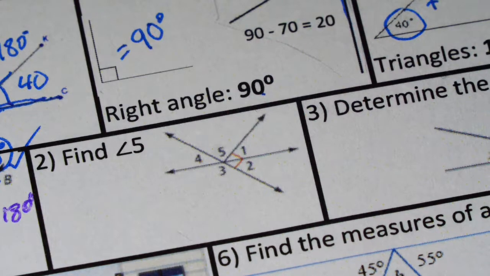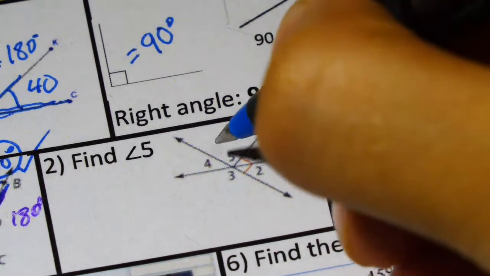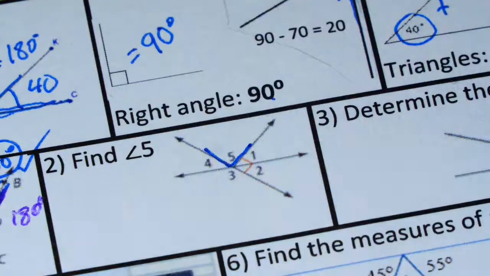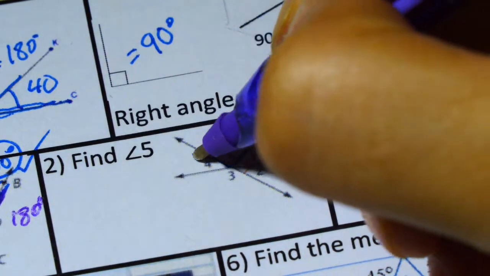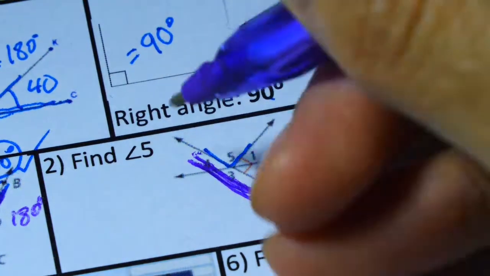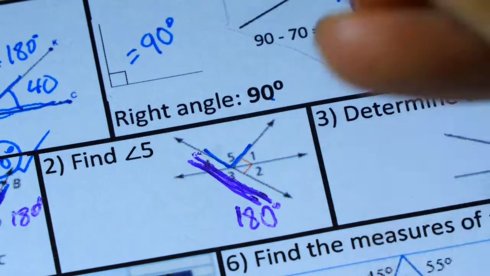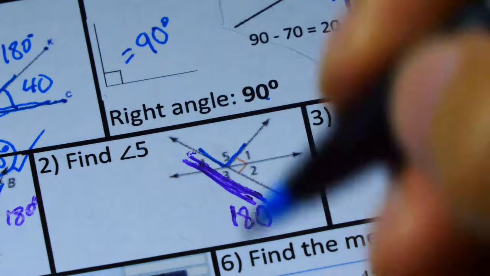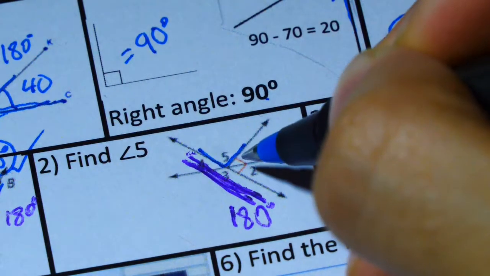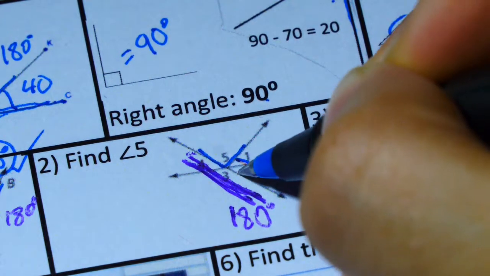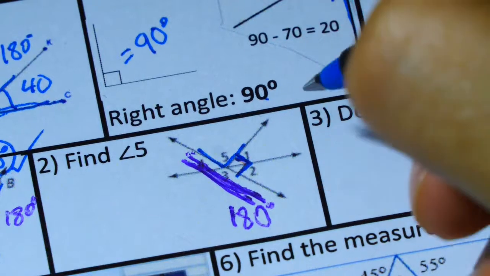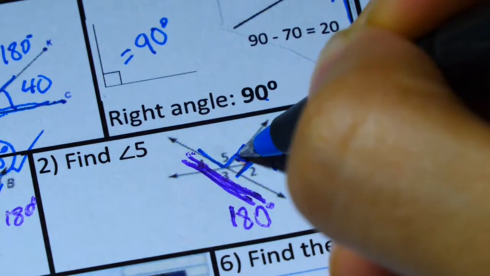Question 2, angle 5. So again, this is angle 5. But here, if we look at this straight line, this must make 180 degrees. Okay. Now we know 1 and 2 must make 90, because we see this sign here.